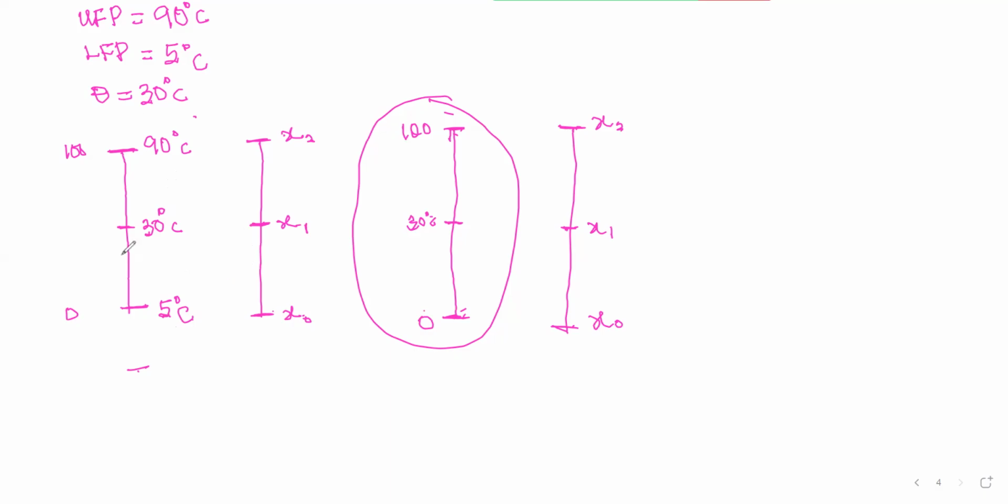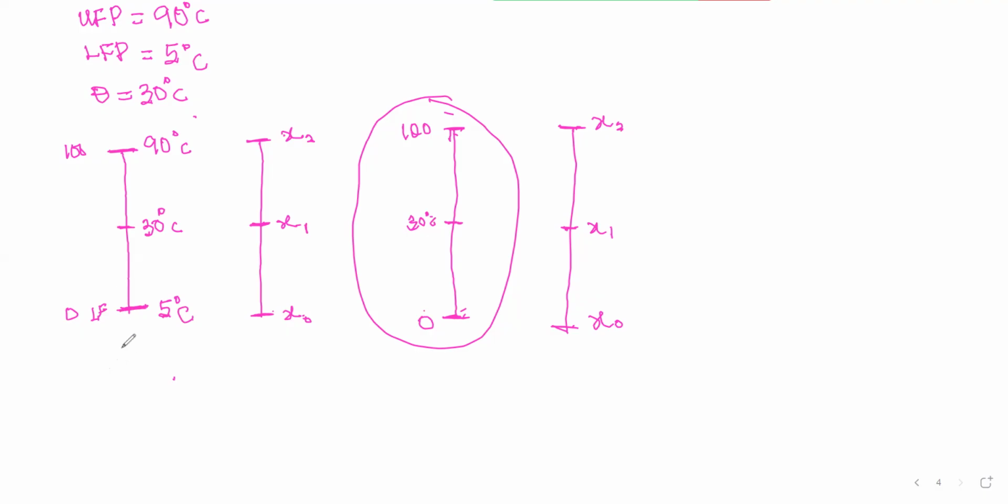So the best way we can solve this is that if the upper fixed point is 90, lower fixed point is 5, then the fundamental interval, which is the interval between lower fixed point and upper fixed point, is equal to 90 minus 5.